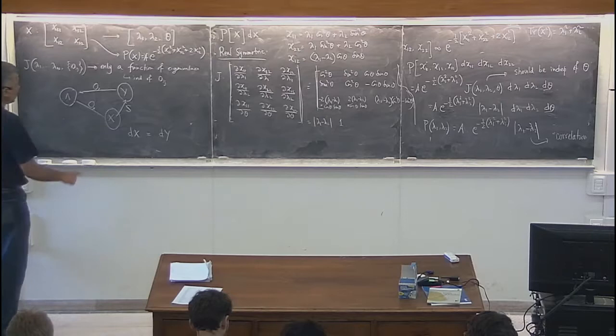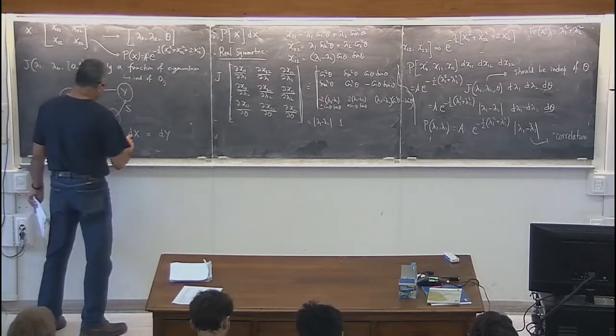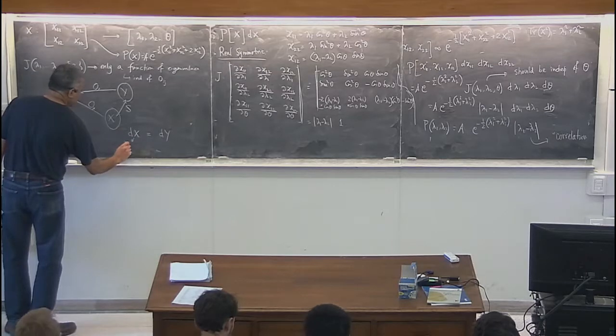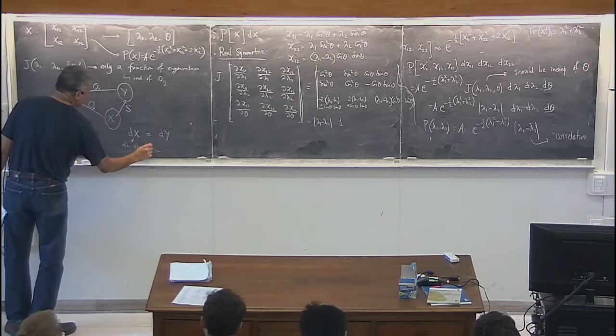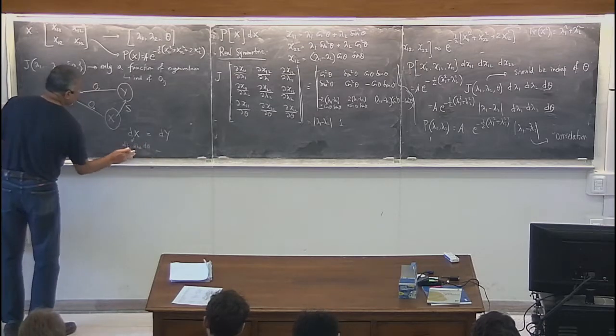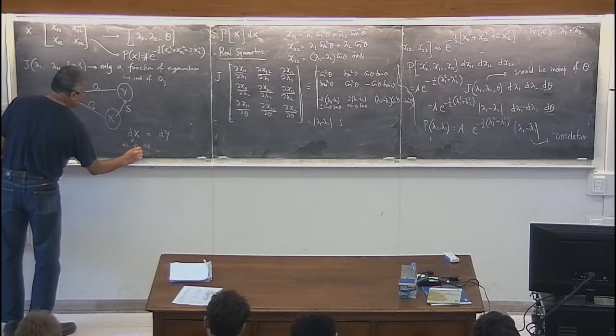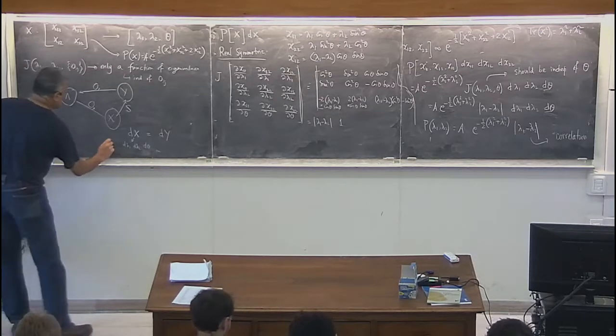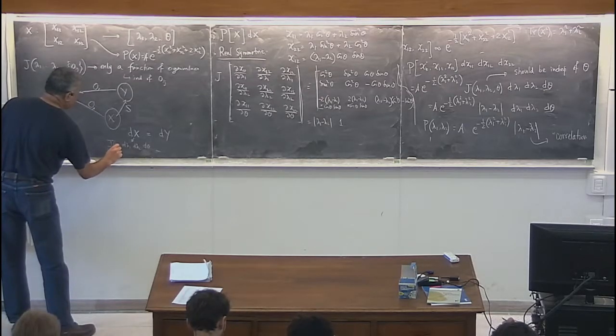Then this dx you write in terms of the eigenvalues, d lambda n, times d theta, let's take the 2 by 2 example, and it involves the Jacobian. Imagine this Jacobian depends on lambda 1, lambda 2, theta.